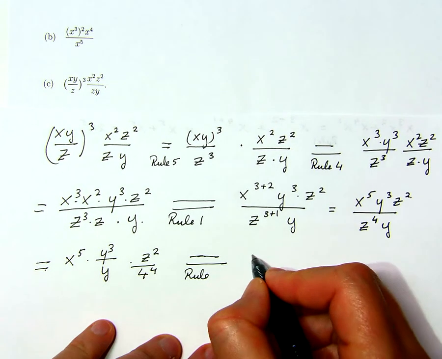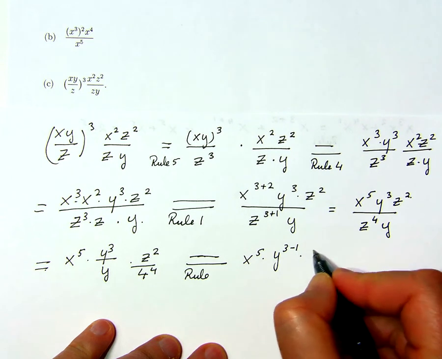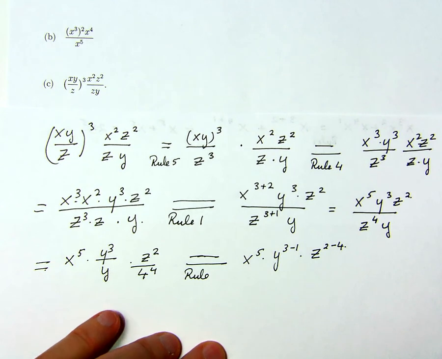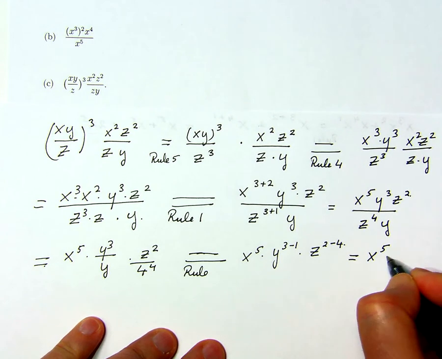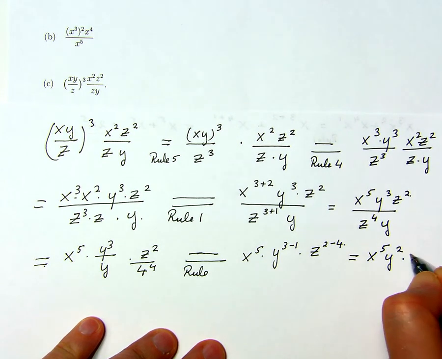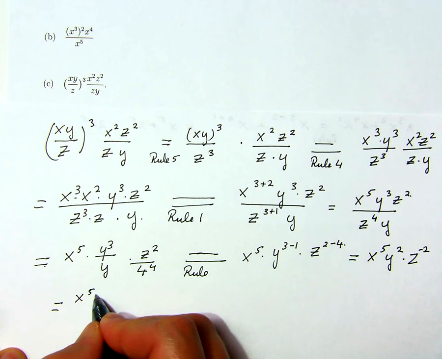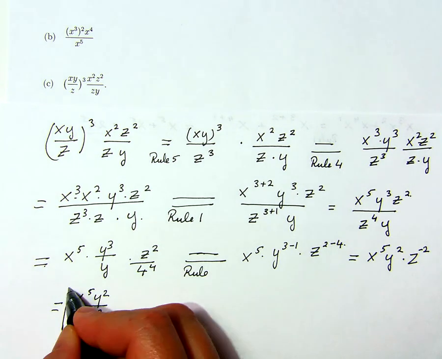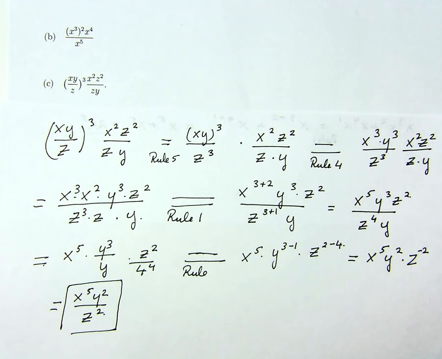So this is x to the 5 times y to the 3 minus 1, and again you might write this simply as cancellation, times z to the 2 minus 4, and this is equal to x to the 5 times y squared times z to the minus 2. It's x to the 5 times y squared over z squared. And that's my final answer, and it is a little tidier than the original fraction I was given.